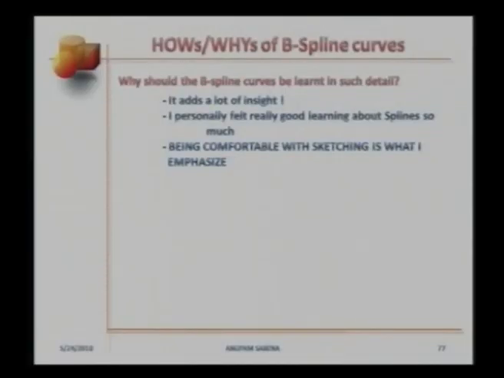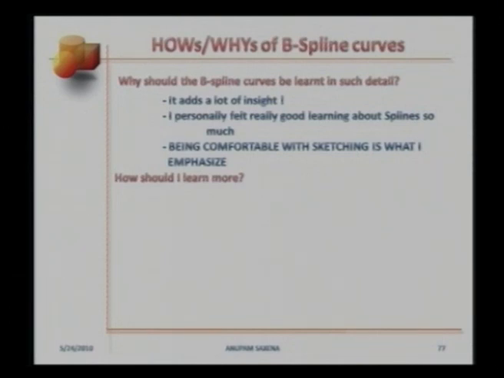Now, that added a lot of insight as far as I was concerned. I personally felt it was a wonderful learning experience for me, and I wanted to share that with all of you. Again, being comfortable with sketching B-spline basis functions is what I have emphasized throughout, and I'll again lay importance to.